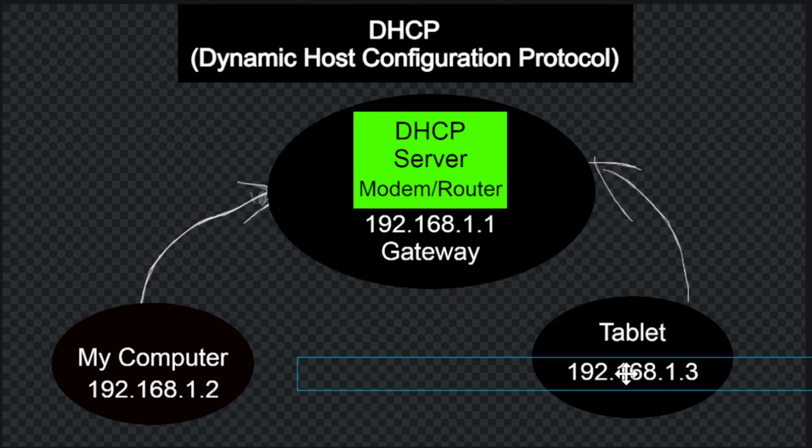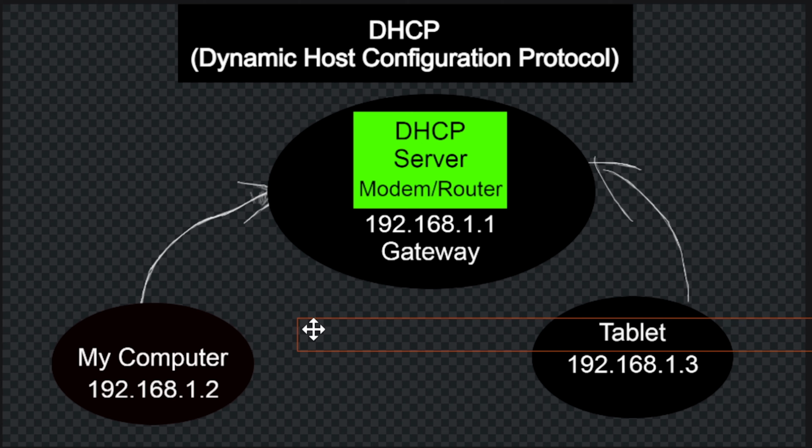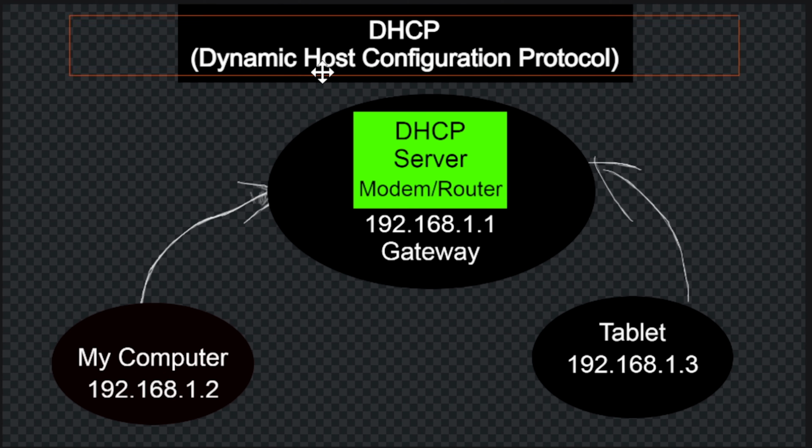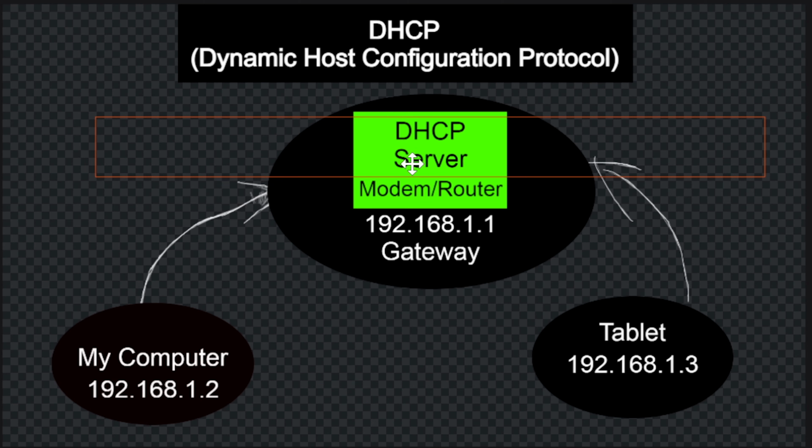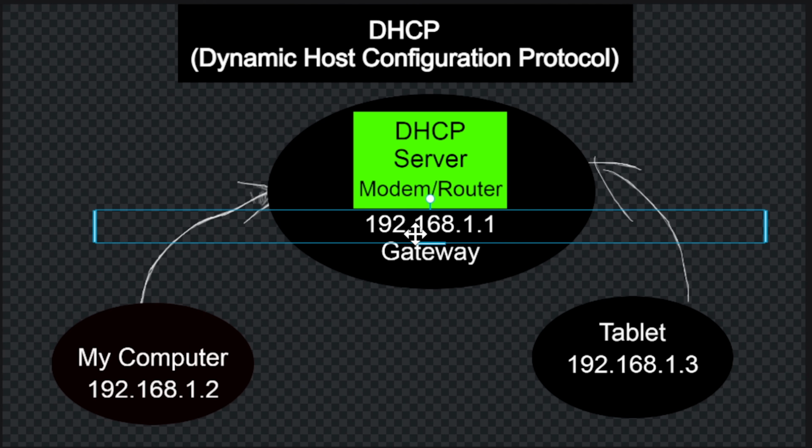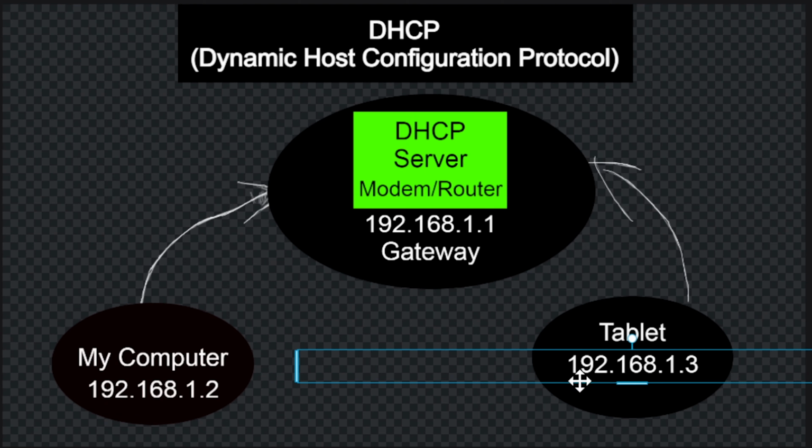All right, so let me go back to the part where we have 3 network components that are controlled by a centralized DHCP server. In this case, it's a modem or a router, and they all are identified with IP addresses, which is 192.168. We got 1, we got 2, and then we got 3.